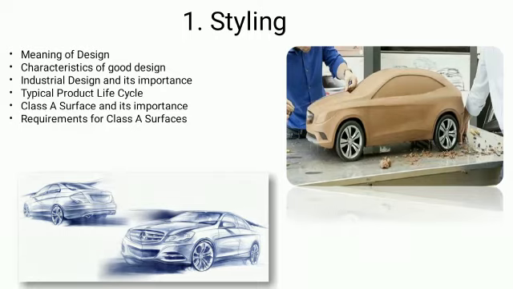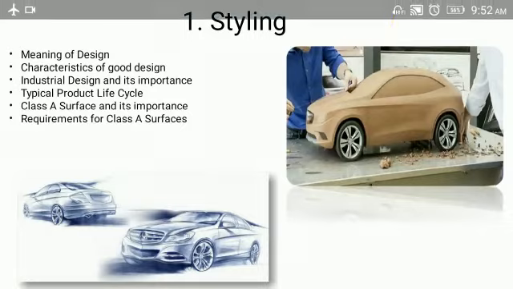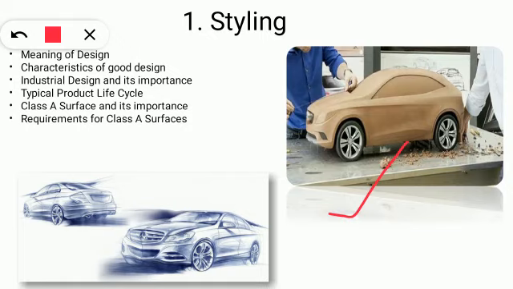And along with this, the typical product life cycle of my car. I will show you the image. This we simply call clay modeling, and the image over here we simply call the conceptual sketch, because different designers have different thinking processes or abilities.